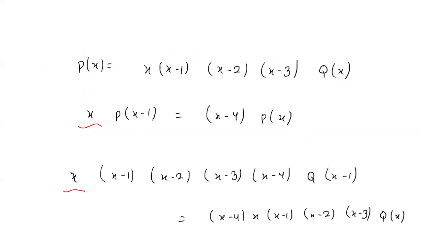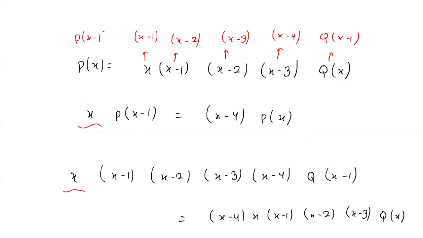This x stays x, this will become x minus 1, this will become x minus 2, this will become x minus 3 and this will become x minus 4, and this will become q of x minus 1. So this is the p of x minus 1 value. Just put x minus 1 instead of x. So it will come like x minus 1, x minus 2, x minus 3, x minus 4 and q of x minus 1.